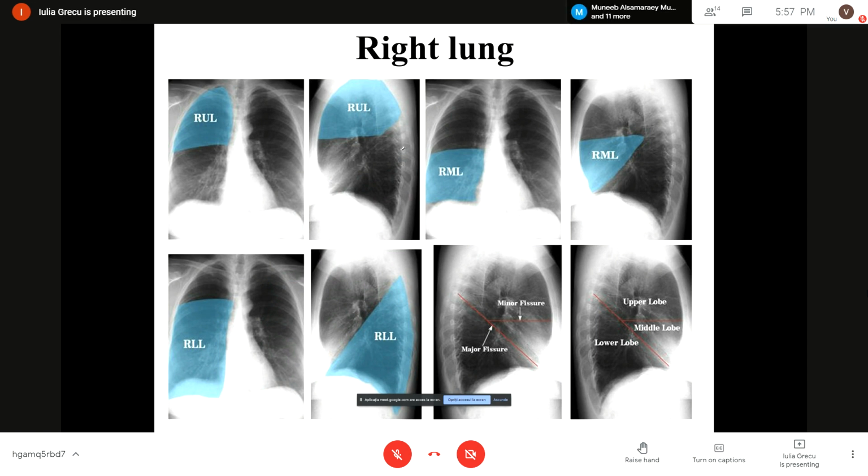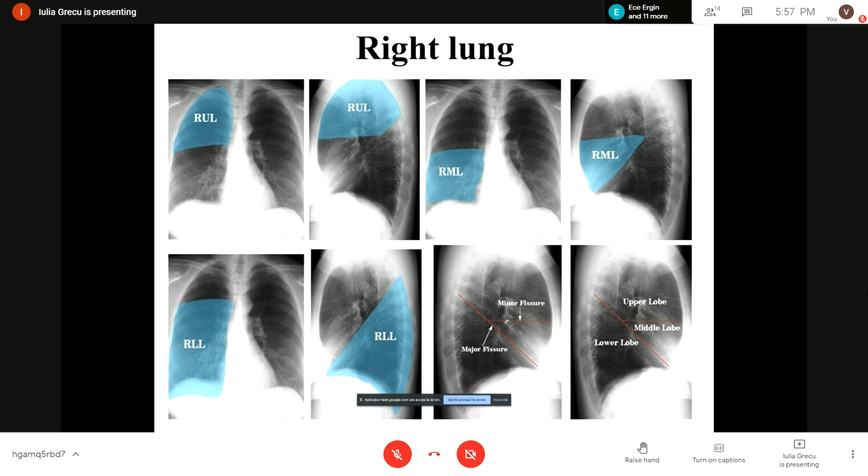The major fissure, or the oblique fissure on the right, separates the inferior lobe from the superior and middle lobe. The major fissure courses from posterior to anterior obliquely, which is why it's called the oblique fissure, and it separates the inferior lobe from the superior and the middle lobe.